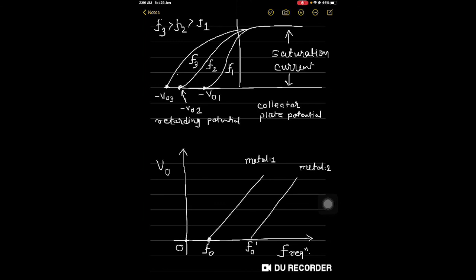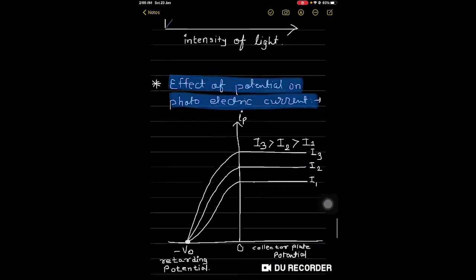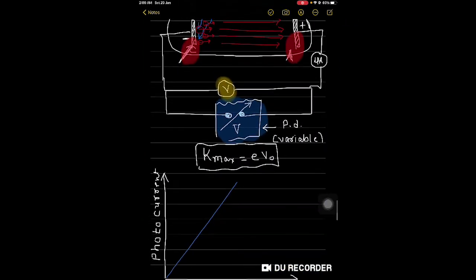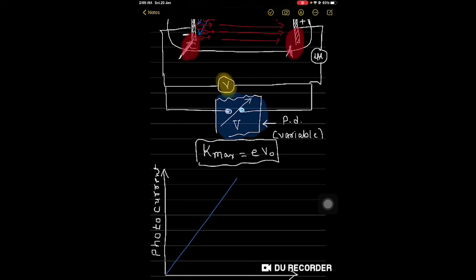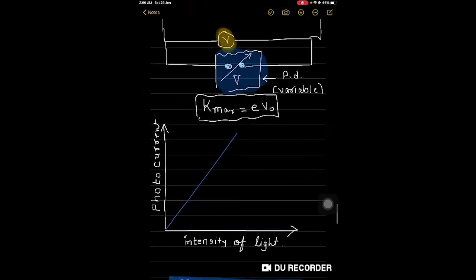First, for a given photosensitive material and frequency of incident radiation above the threshold frequency, the photoelectric current is directly proportional to the intensity of incident light, as given in this figure.